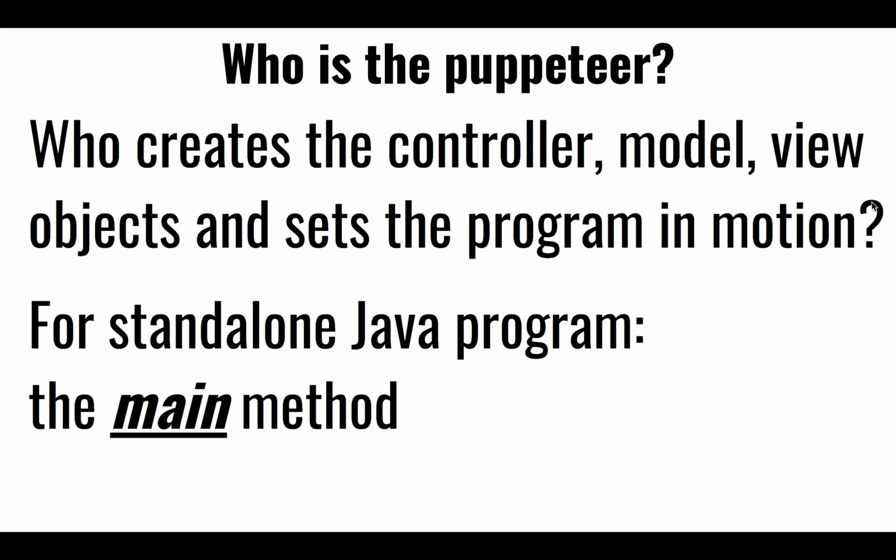Who gets the ball rolling? So up to this point, we haven't really implemented an application that can run as a standalone application, where you can maybe run it from the command line and it can run on its own. Today we'll introduce the main method. Or did you do that yesterday? Oh, you did that already.